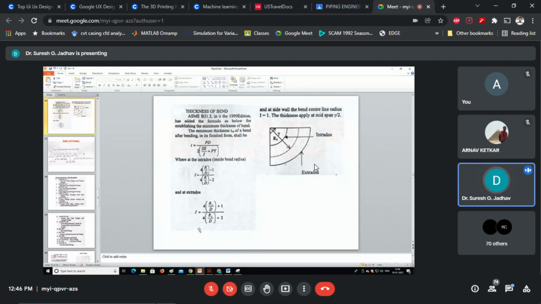Based on this relation, I equals 4 in bracket Ri over D plus 1 for the outside bend radius, divided by 4 into Ri, that is the inner bend radius, over D, bracket close.